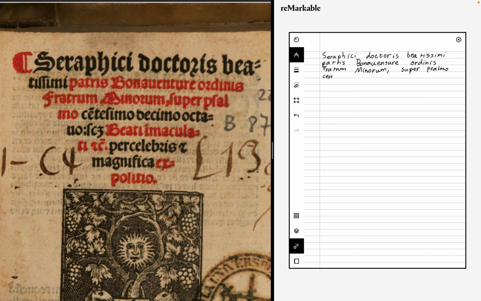Ooh, okay. So this is another thing, and I actually should have started here. In Latin, they leave out a lot of letters when they're printing and writing. There's actually an A there, so it's not Bonaventure, it's Bonaventurae.